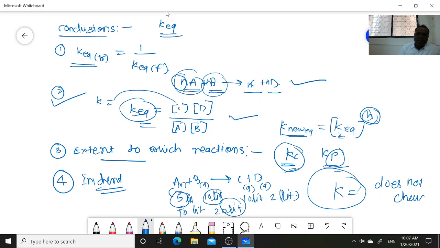Since in this equation it is the concentration term, the concentration cancels out. Therefore, this K equilibrium is independent of the concentration.